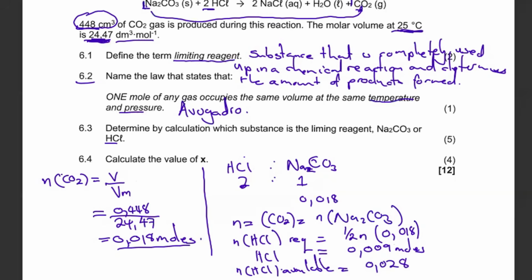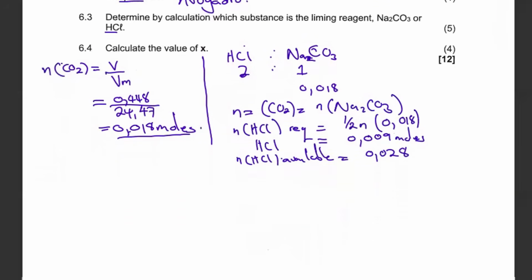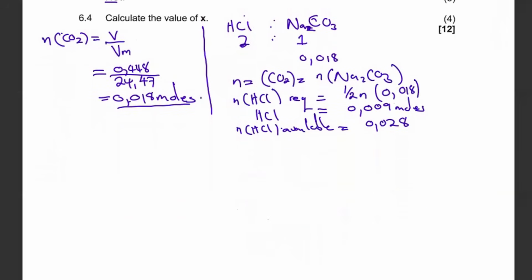After these conversions, we can see which one is available and how much is required. So comparing what is available versus what is required, the required is 0.009 and the available is 0.028.